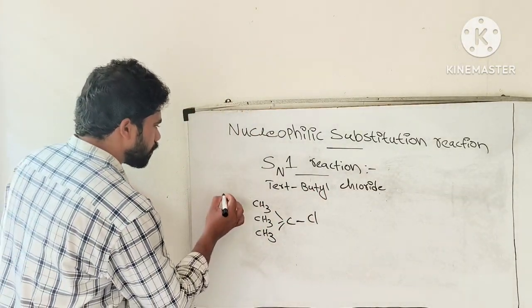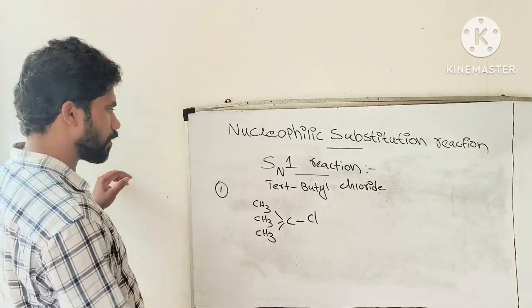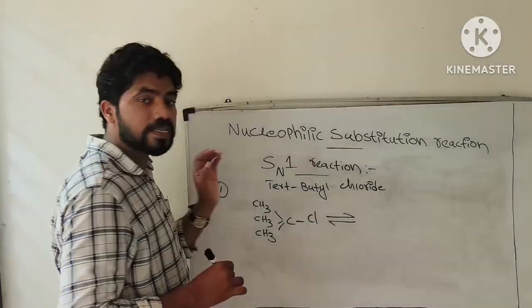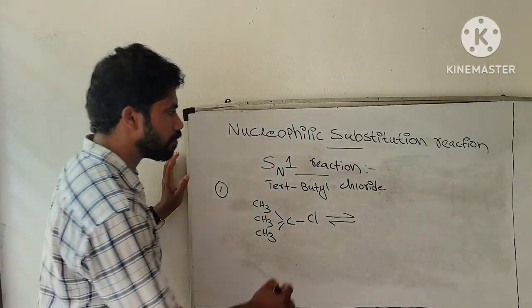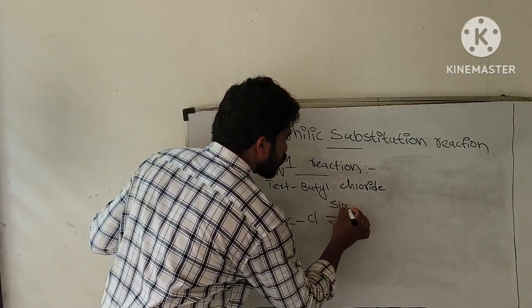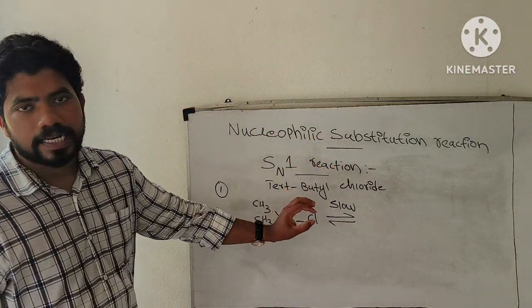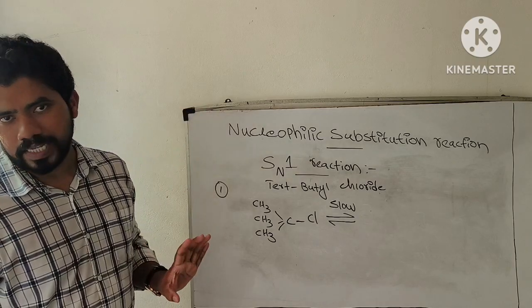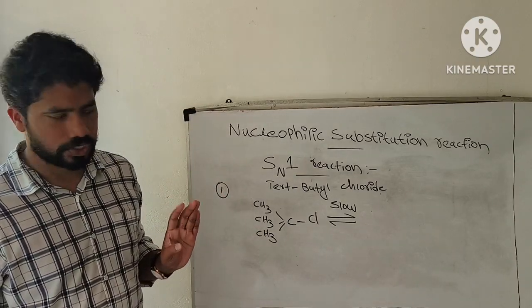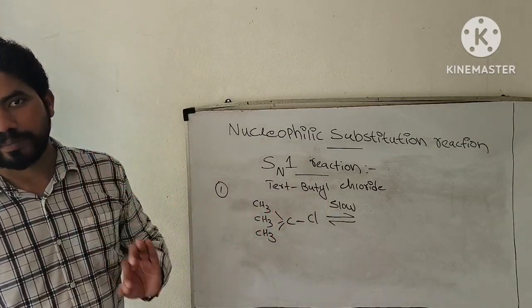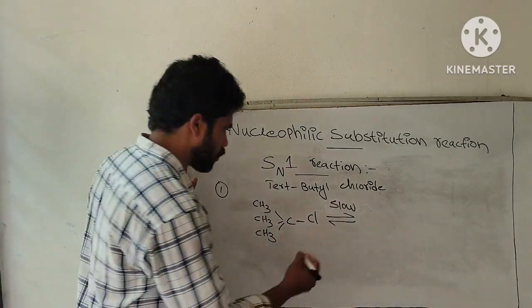So this is the first step of the SN1 reaction, formation of carbocation. And my dear students, that is a reversible reaction. It is the slow step of the SN1 reaction, and it is considered the rate determining step. So the formation of carbocation is the rate determining step of the SN1 reaction.